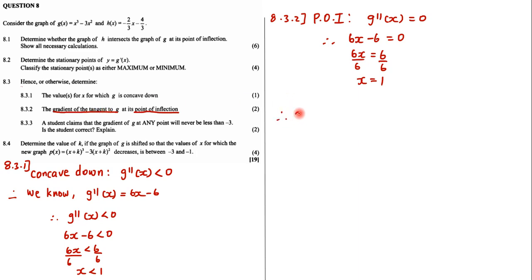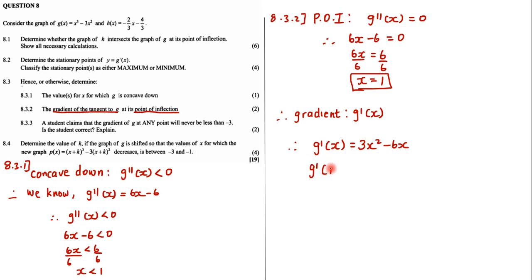Speaking of the gradient, in a cubic function or in calculus, the gradient is regarded as the derivative. So we take our derivative, which was 3x squared minus 6x, and substitute the x value of our point of inflection. That will help us get the gradient at x is equal to 1, or in other words, at our point of inflection.